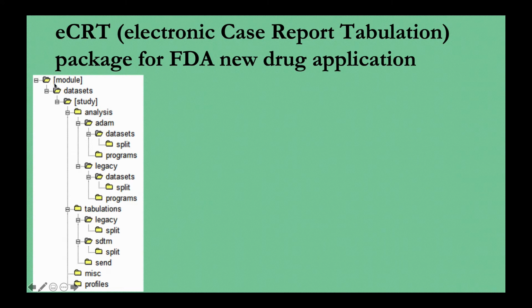For a clinical trial, this should be module 5, and then you will have a datasets folder because this whole package is for datasets. Under that, you will have your study protocol. You will put your protocol number here.